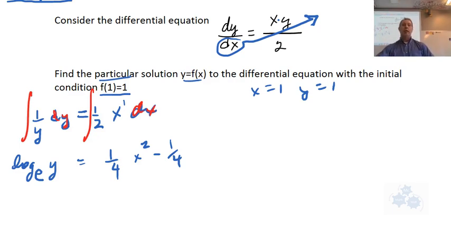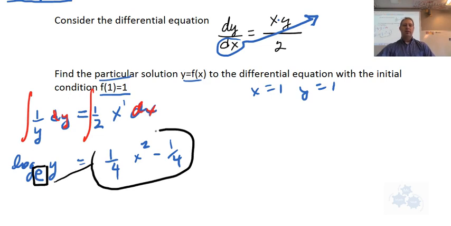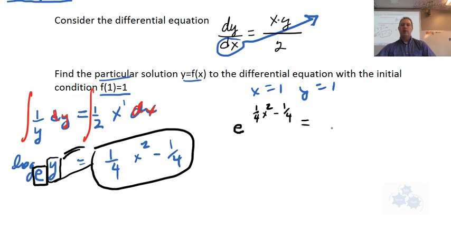And so we understand how this relationship works. The base is e. This is the exponent right here. And it equals this value here. So in order to rewrite this as an exponential equation, we go e to the power of 1/4 x squared minus 1/4 equals y.